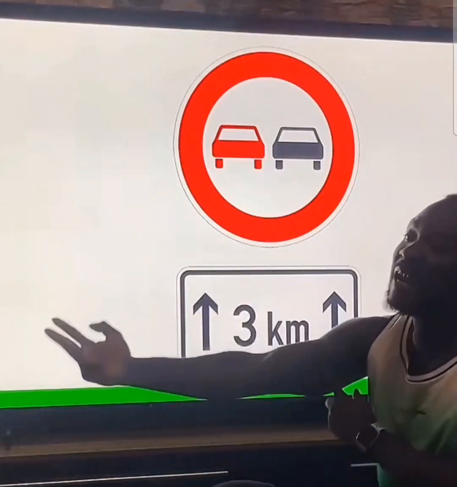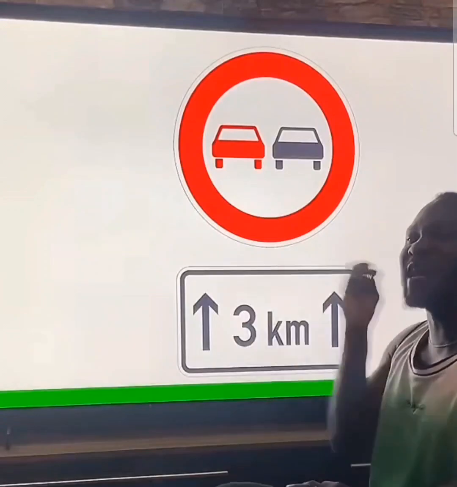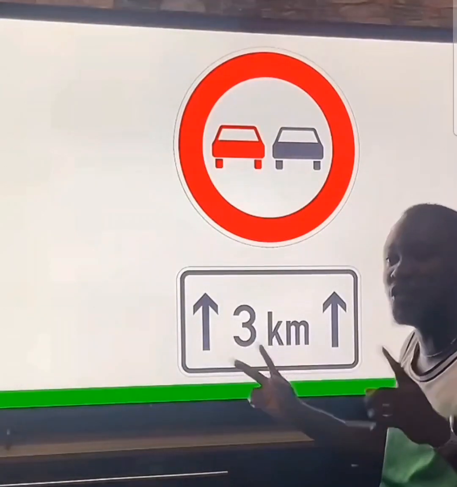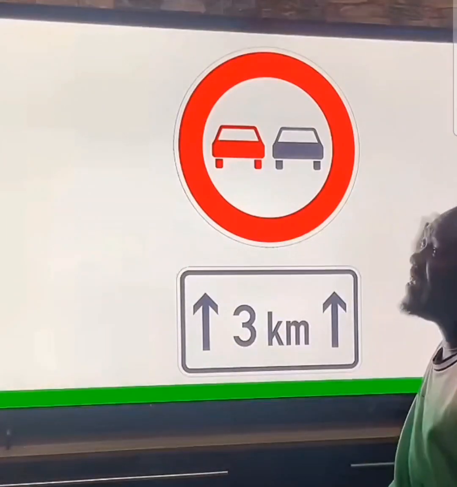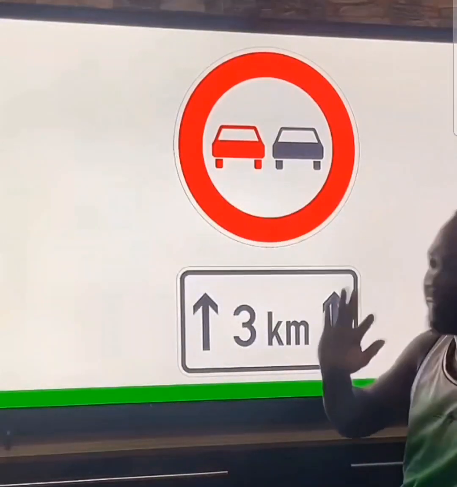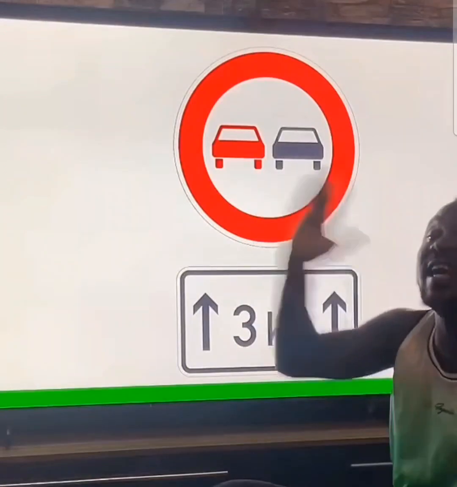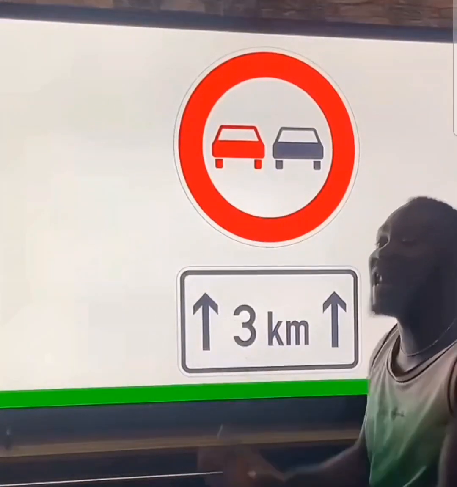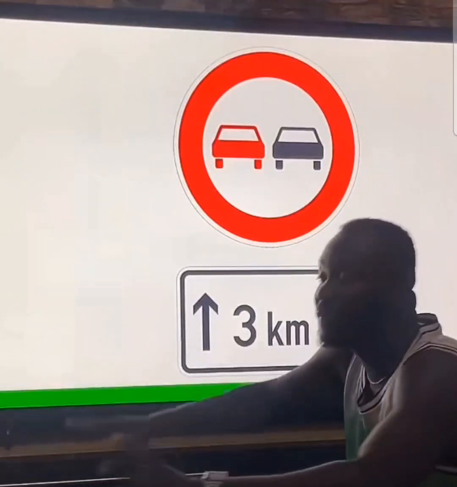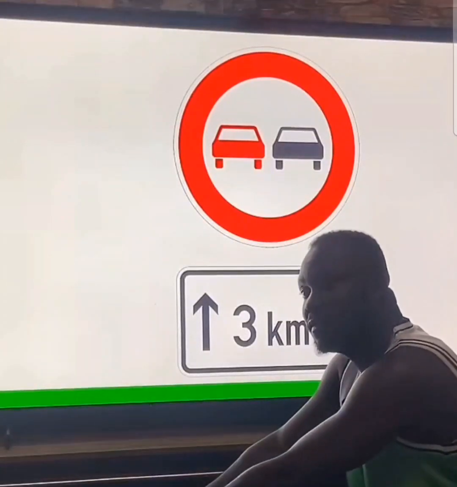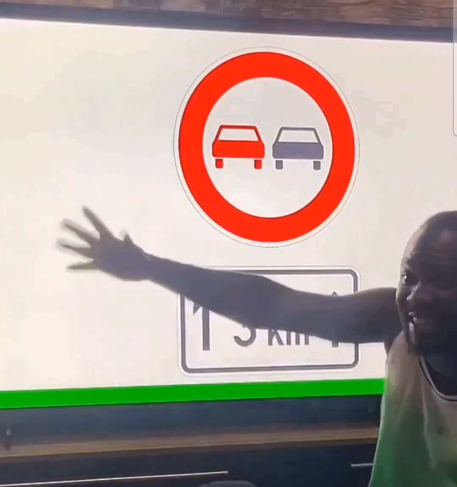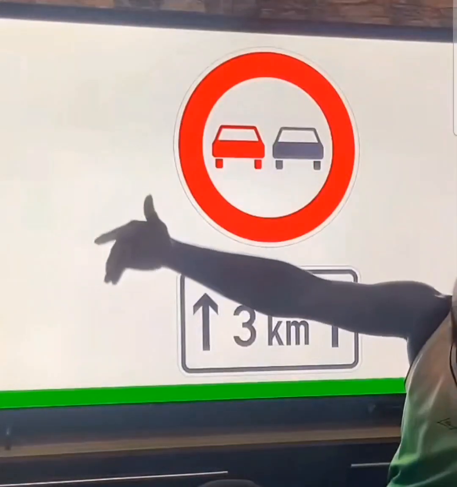For 3 kilometers, that means you cannot overtake. So what does that mean? It means that in 3 kilometers, we are not allowed to overtake any car. For the distance of 3 kilometers, not 3 kilometers ahead.